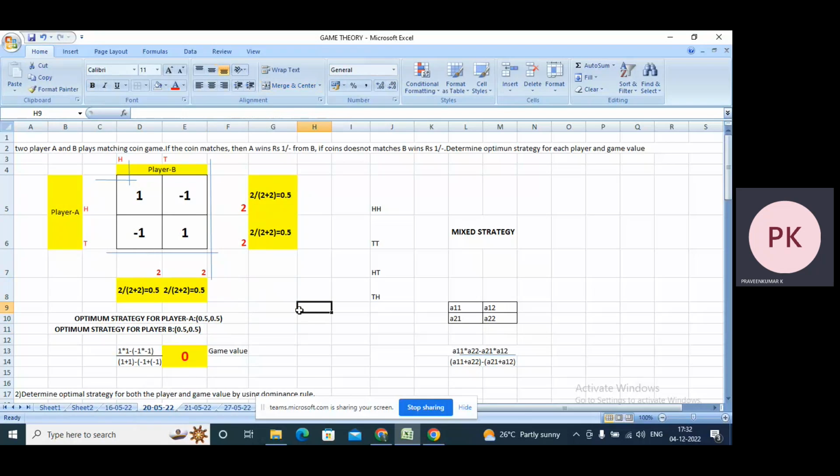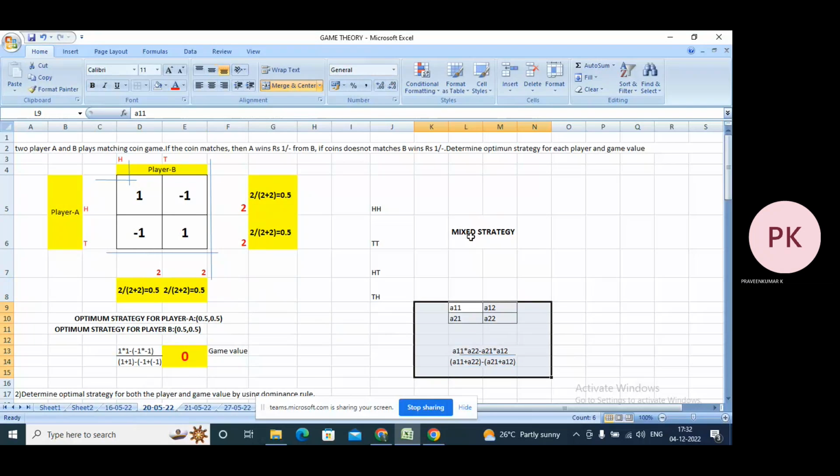So now the next step is we need to determine the game value for this problem. We have one standard formula. Just remember the standard formula to calculate the game value. Assume it is a 2 by 2 matrix. Remember, a mixed strategy problem is applicable only for a 2 by 2 matrix. Let us take the terms as A11, A12, A21, A22.